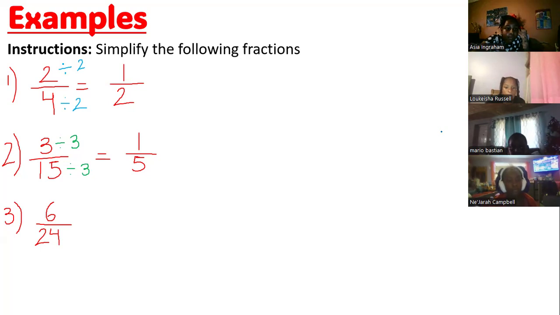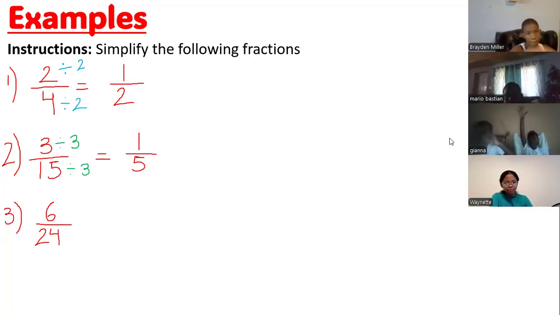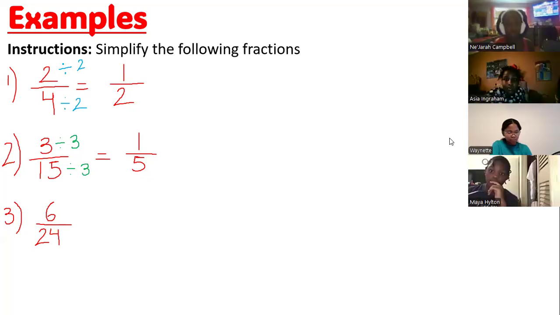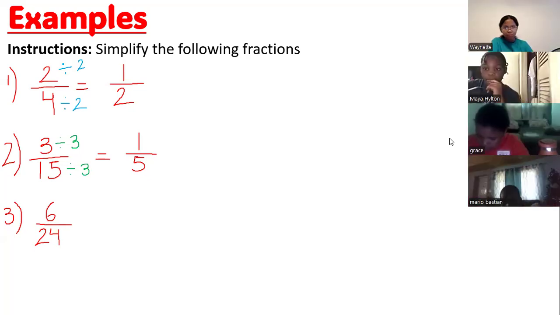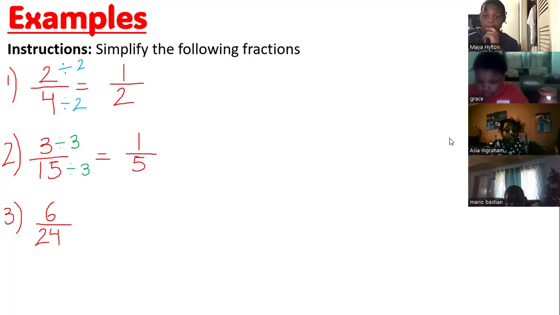Okay. Good. 6. Why did you say 6, Tajane? Because if you use 6, it'll be lower or closest to the lowest form. Yes.